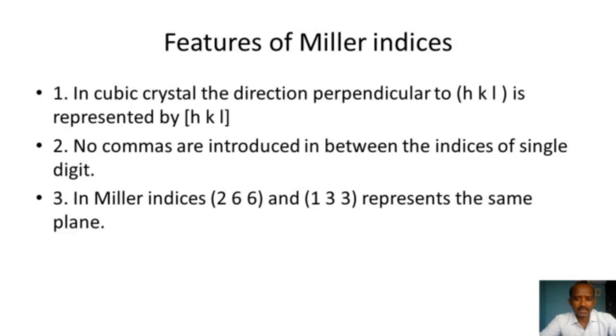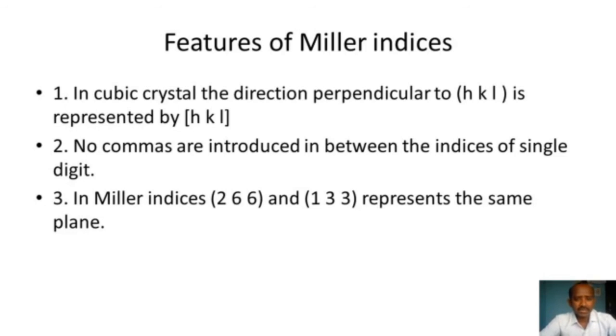If the indices are 2-digit numbers like 10, 12 or 15, in such cases we can use commas, because the 2 digits represent a single axis, that is 10A, 12B, 15C. So then we can use the commas.